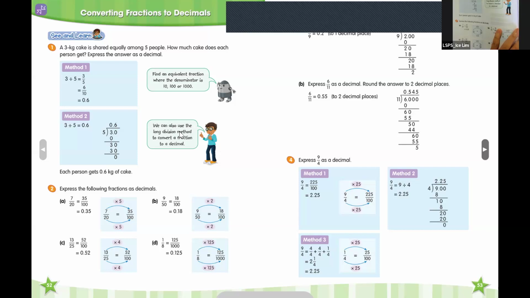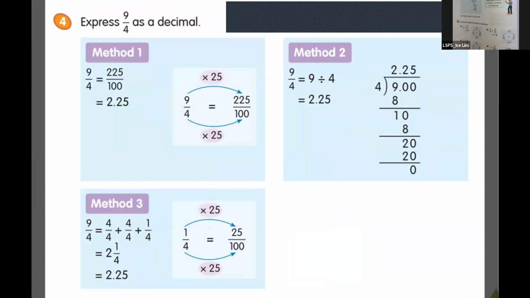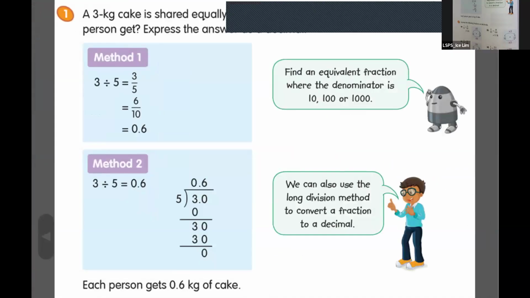There are three methods shared with you on how to switch from fractions to decimals and decimals to fractions. Three, because it is a fraction that is like a mixed number or improper. So this is page 53, and on page 52, the two methods are shared here.